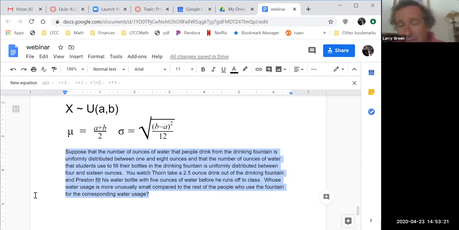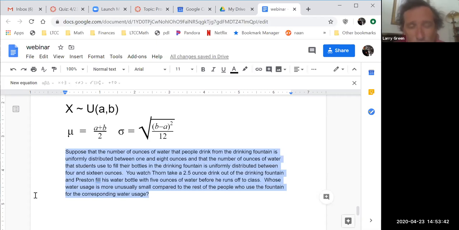I don't know if you've all been to LTCC, but when you go to the drinking fountain, you have two choices. You can just take a drink, or you can stick your water bottle and let it pour.